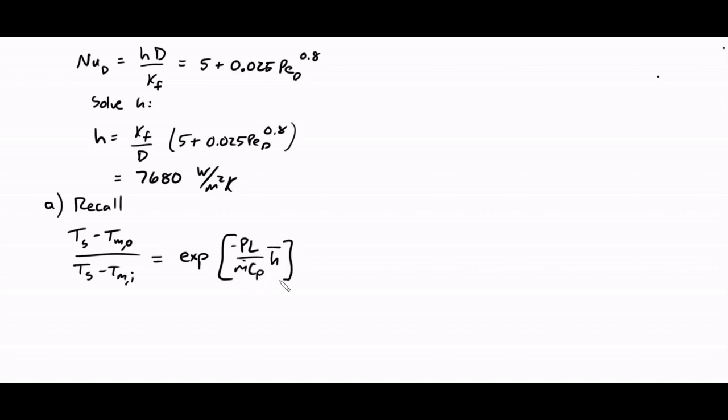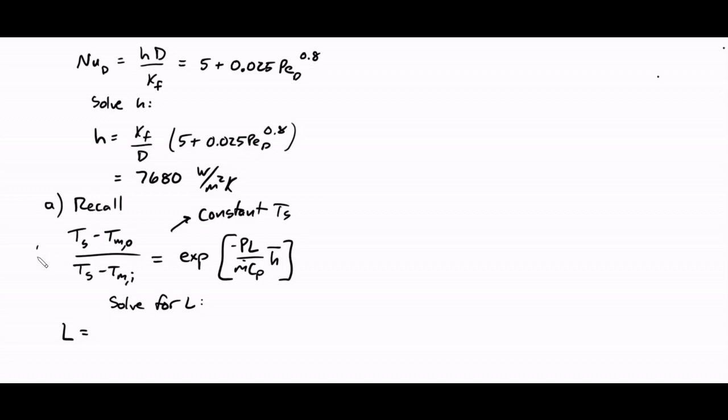So again, to restate, this is how we determine the outlet mean temperature for a known inlet, or determine the inlet for a known outlet for a constant surface temperature condition. Okay, in our case, we actually already know both mean temperatures. What we don't know is the length. So we're going to simply solve for the length.